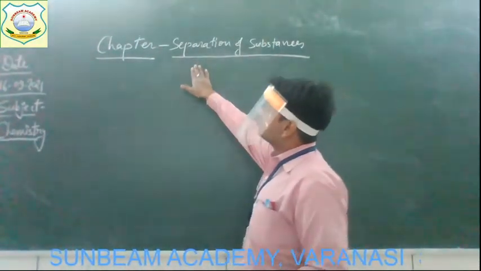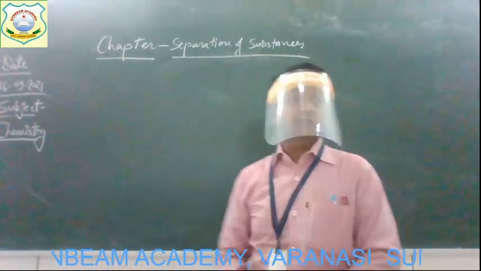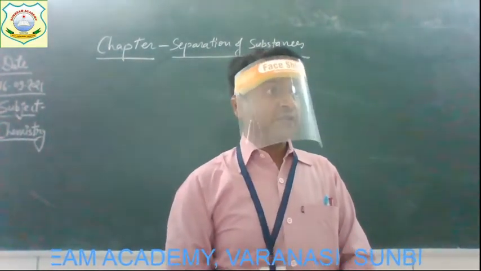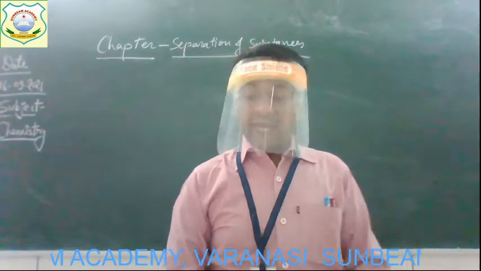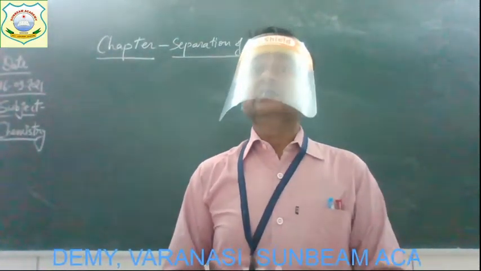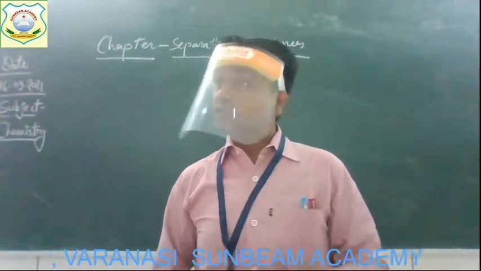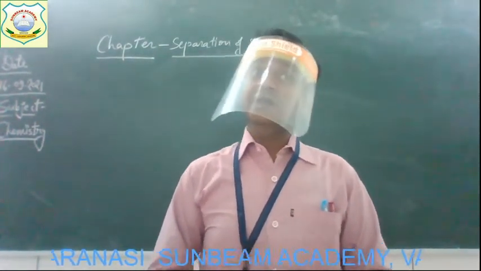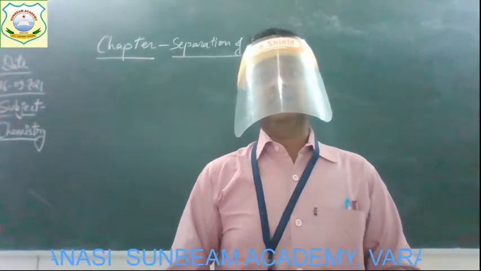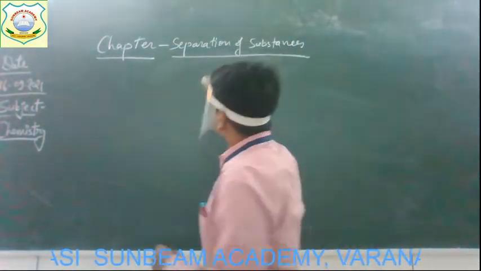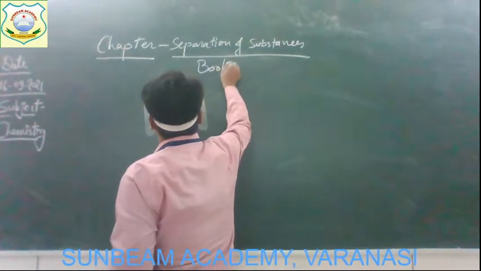We are discussing the chapter Separation of Substances in chemistry. We have discussed the exercise of the book, that is, first, choose the most appropriate answer, and very short answer questions. So we are actually discussing the book exercise.